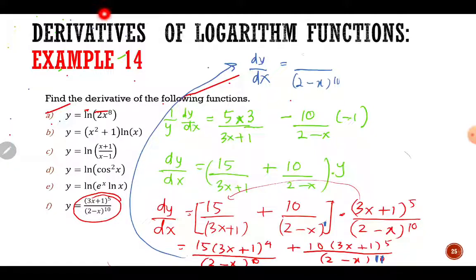And kat atas pula kita ada 3x plus 1 kuasa 4. Okay, yang dalam ni kita akan ada 15 tambah dengan 10 3x plus 1 over 2 tolak x. Tak tahulah lagi simplify ke tak.